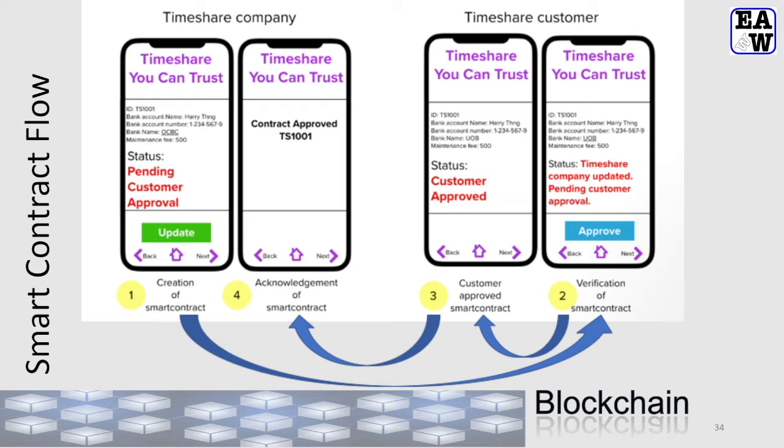So at this point, the timeshare customer will be reviewing the content again, and once they are happy with the content, they'll press the approve button. Once they press it, the status will change again automatically to customer approved.